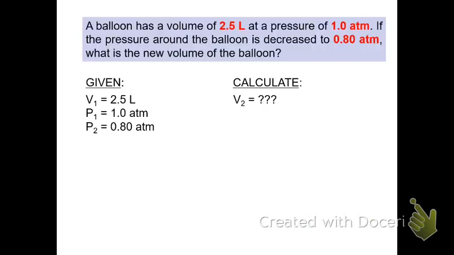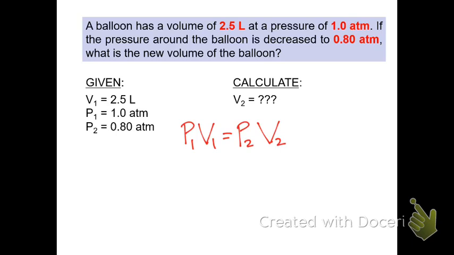All right, so the equation that we will need here is the Boyle's law equation. So we have P1 V1 equals P2 V2. All right, and we want to isolate V2 by itself.